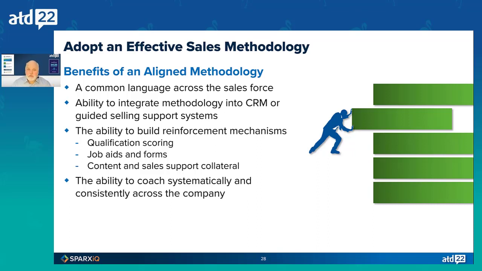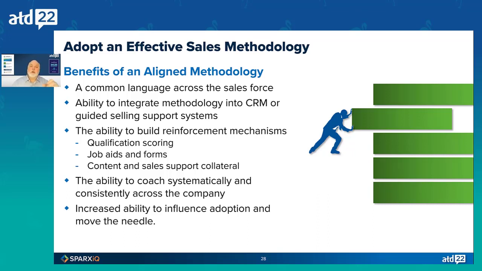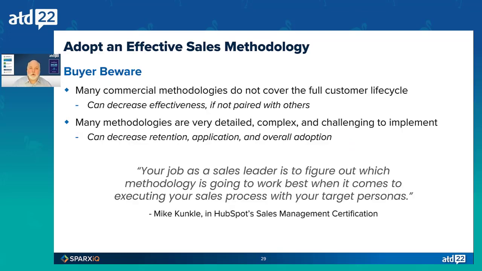And now your managers have the ability to coach systematically and consistently across the company, which creates an incredible efficiency and allows them to increase adoption and improve performance. Lastly, it increases the ability to move the needle with adoption, and we'll talk about why that's important.